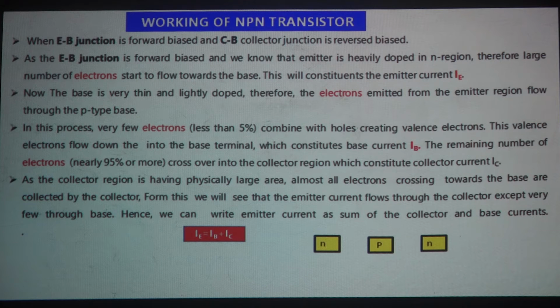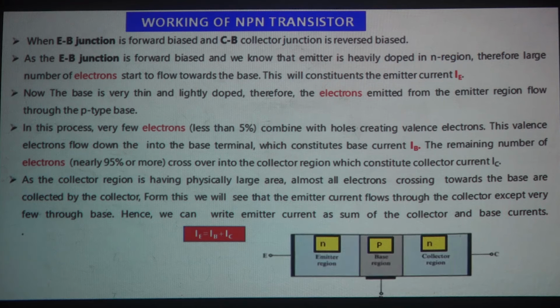As the emitter base junction is forward biased, and the emitter is heavily doped in the N region, there are a large number of electrons, because in the NPN transistor the emitter is N-type and the majority charge carriers are electrons. Therefore a large number of electrons start to flow towards the base, and this constitutes the emitter current IE.